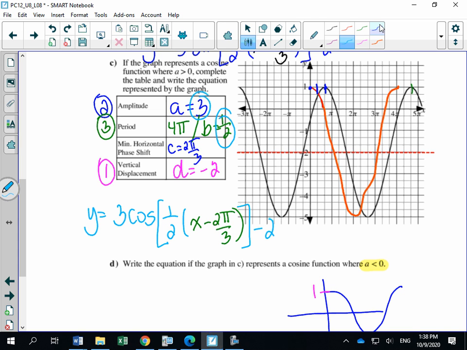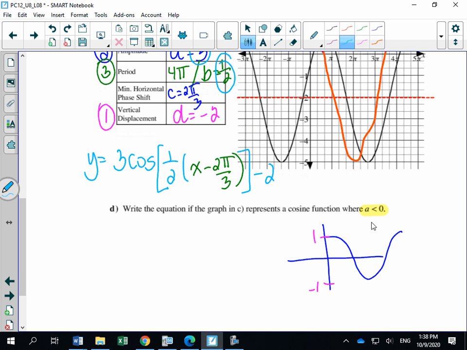All right, if you understood that, now we're going to do this one, which is more of a standard of excellence because it involves one further step. The step is this: it underwent a reflection. So what you say to yourself is a is less than 0. Instead of 3, it's going to be -3. When we have a reflection, two things are going to be affected, my a value and my c value.